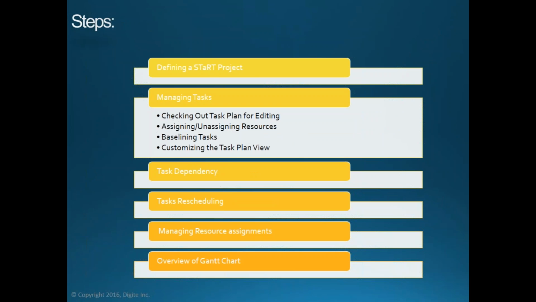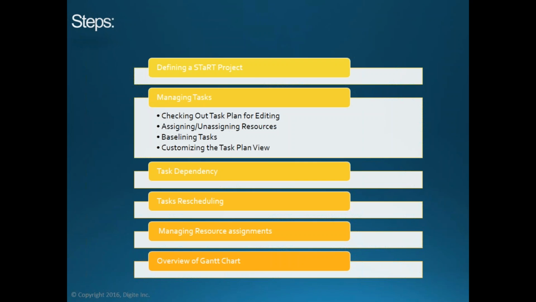So what all things can we do in Digité STaRT? We can do check-in, check-out. We can assign unassigned resources. We can do baselining. So we have all the 10+1 baseline options available in Digité STaRT, same as Microsoft Project. You can also change your task plan view. Okay.